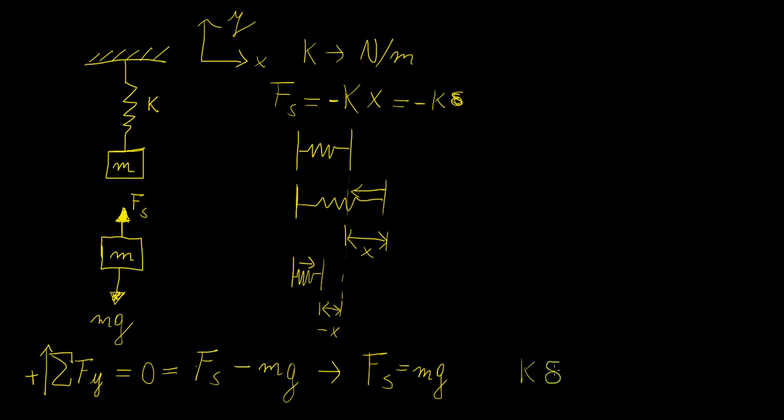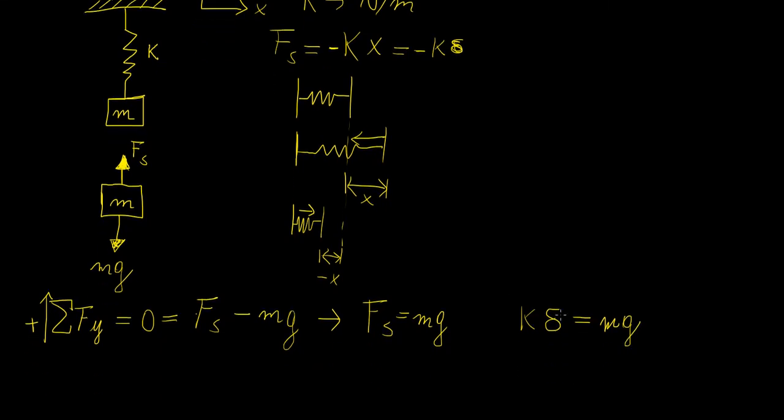So we can find the displacement due to this mass, given some spring constant, by plugging in the following equation: delta equals mg over k. That gives us the displacement in meters from the equilibrium point that the spring has.